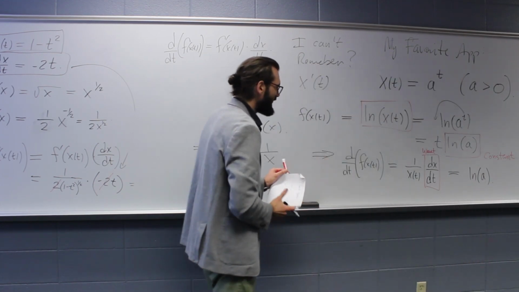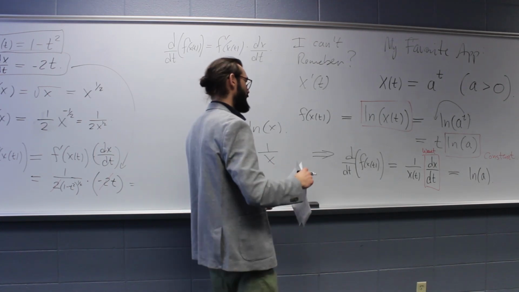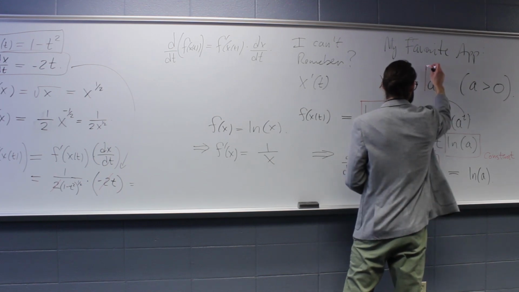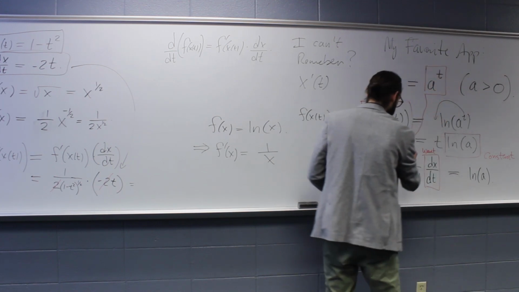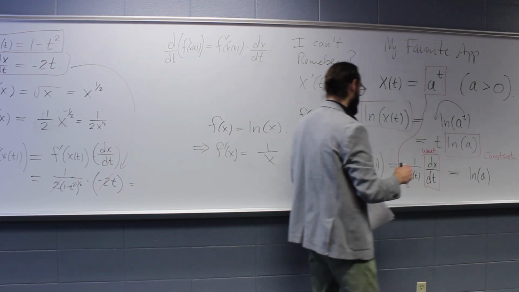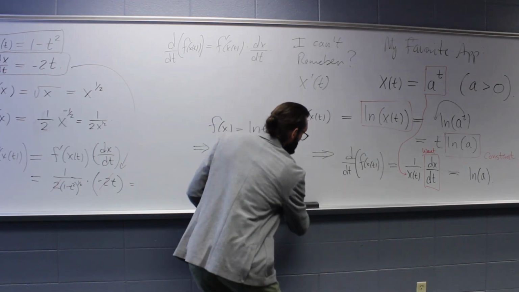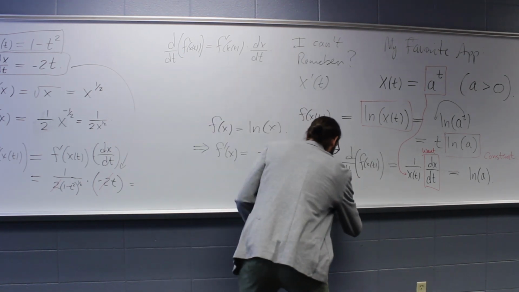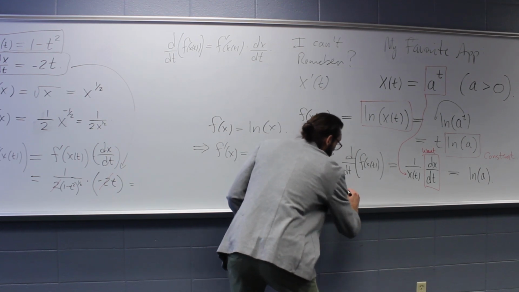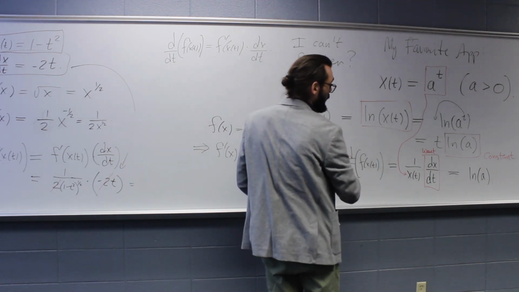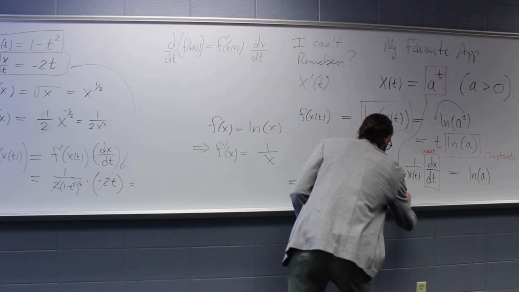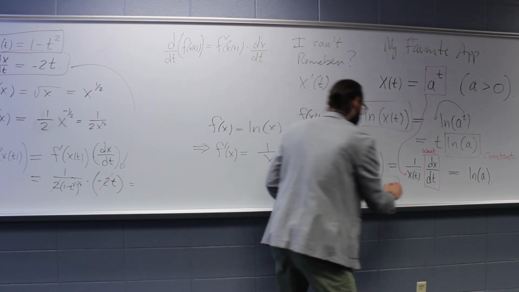Excellent. What was x of t? Yeah. So now I can put that in and multiply it to the other side. The derivative dx/dt is equal to x of t times ln of a. X of t is a to the t, so it's a to the t times ln of a, the thing I can't remember.